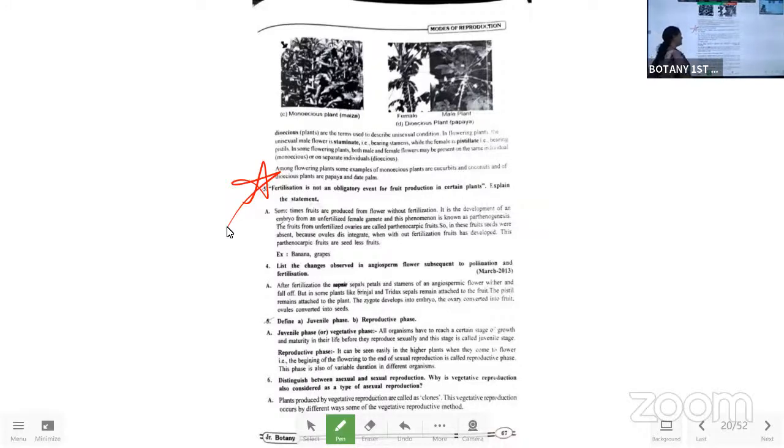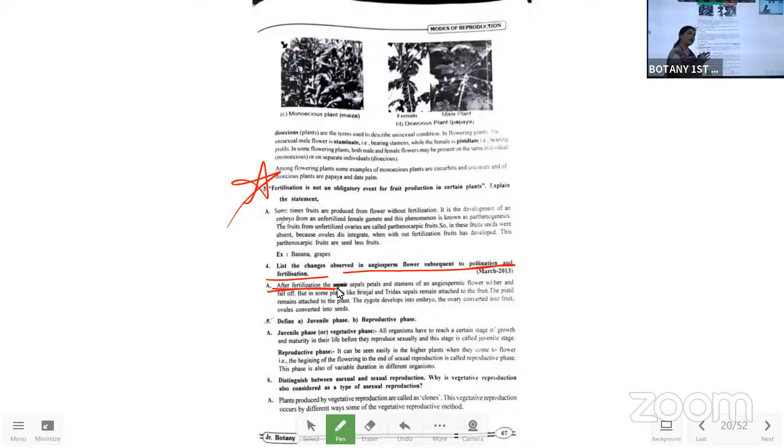And the next one is: list out the changes observed in angiospermic flowers subsequent to the pollination and the fertilization. That means during the pollination and fertilization, what are the changes that occur in the flower? Just now I explained it, isn't it? Same thing we have to list out over here. After the fertilization, what happens? And before the fertilization, what happens? After the fertilization, the sepals, petals, and the stamens will wither off.